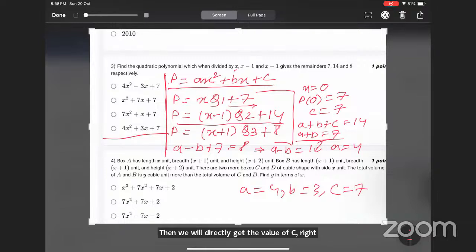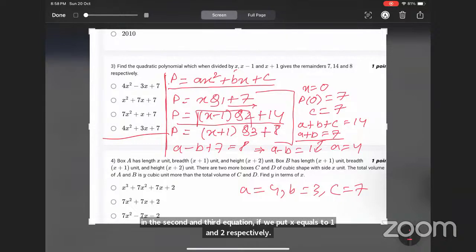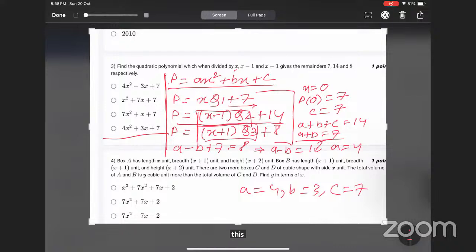Similarly, in the second and third equation, if we put x equals 1 and 2 respectively, then this portion will be 0, right? So we will get a simpler form. From this, we can calculate the values of A and B. So this is the basic underlying method. Is it clear to all of you?